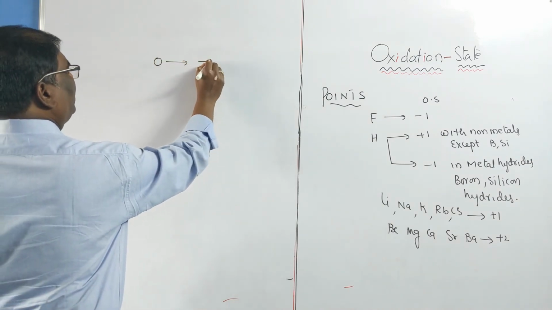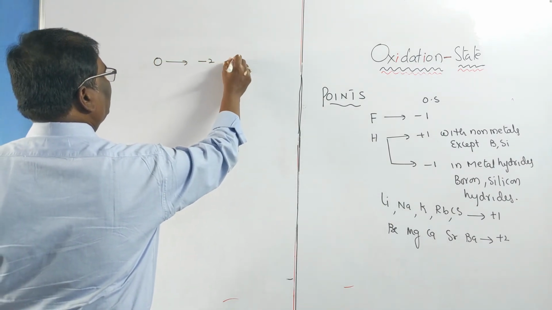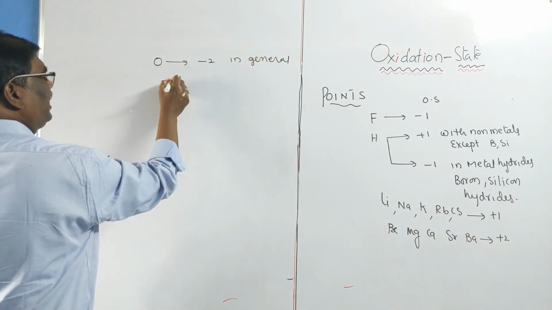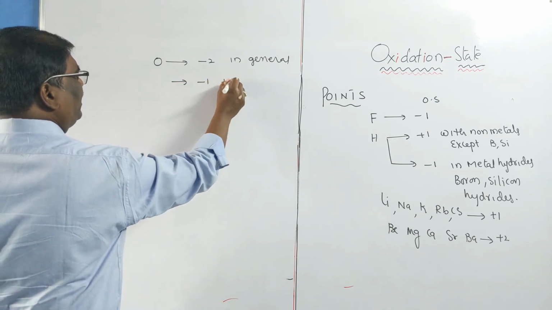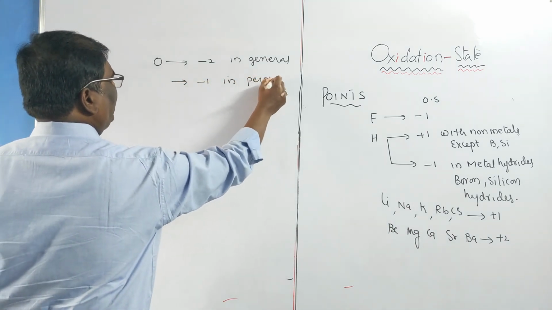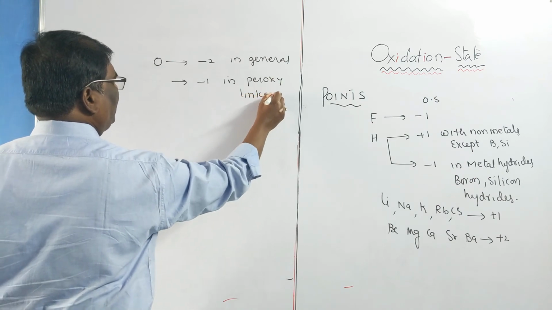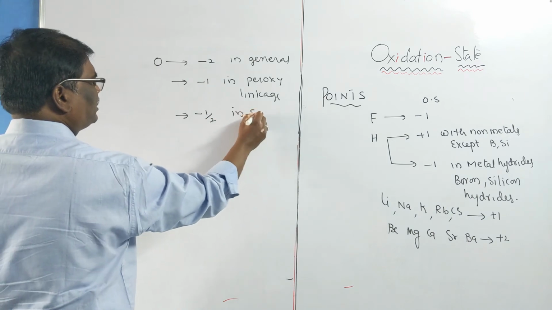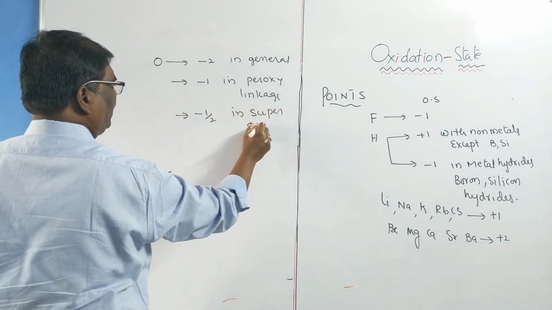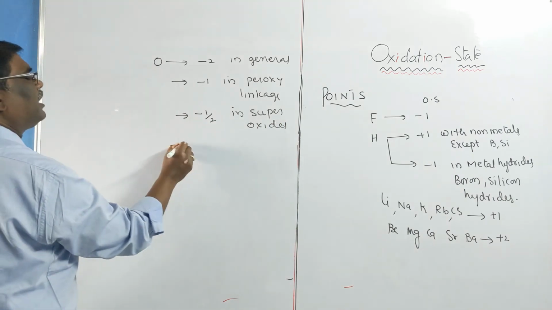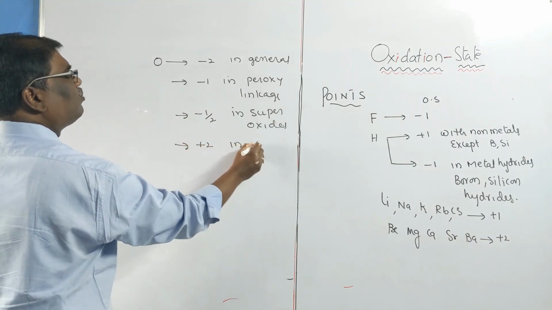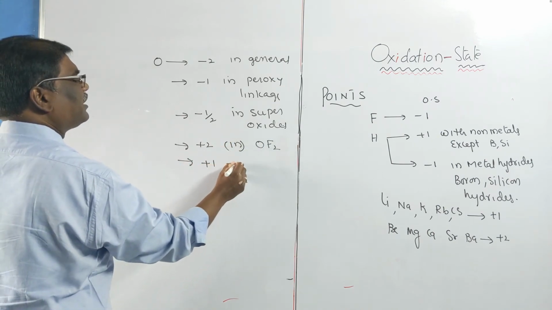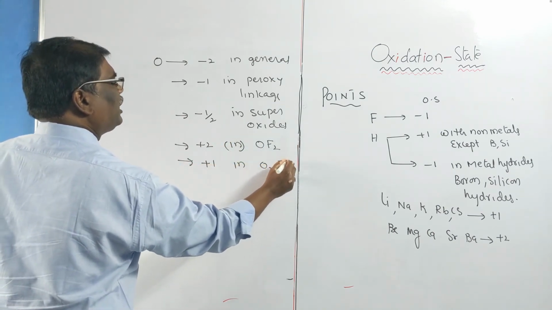Oxygen oxidation state is minus 2 in general, whereas it is given minus 1 in peroxy linkage. It is given minus 1/2 in superoxides. Now this is plus 2 in the OF2 molecule, whereas oxygen has plus 1 in the O2F2 molecule.